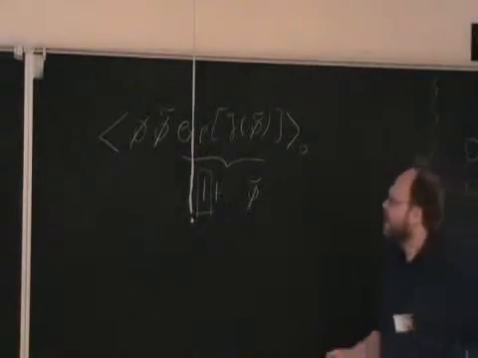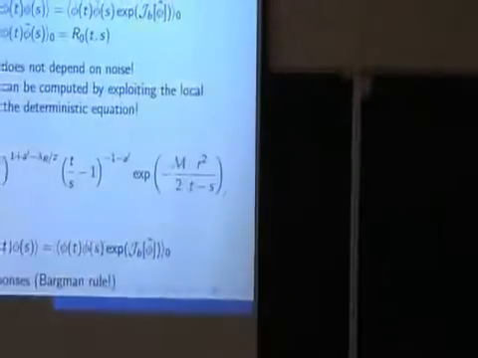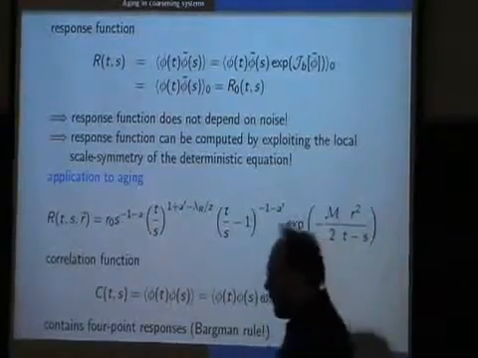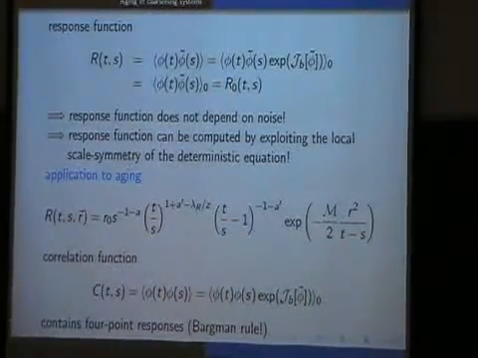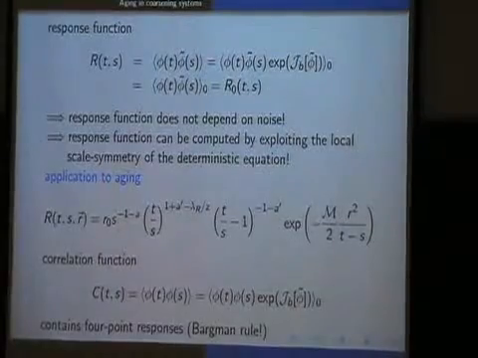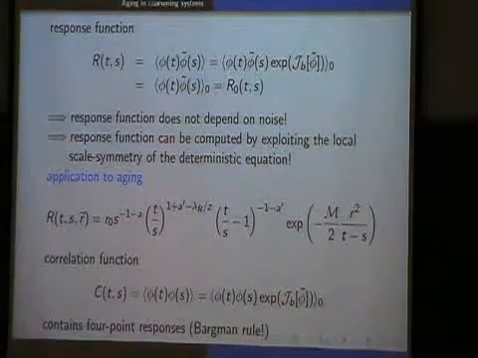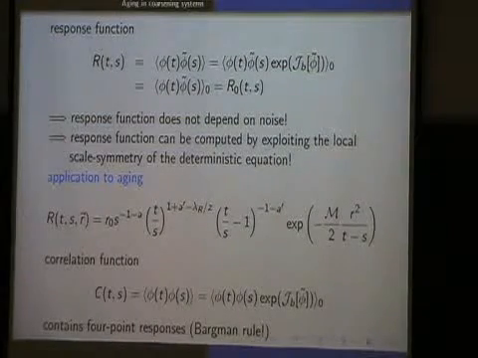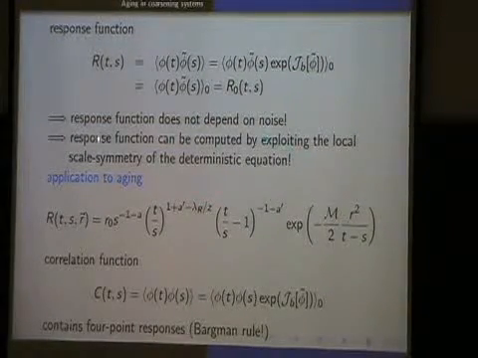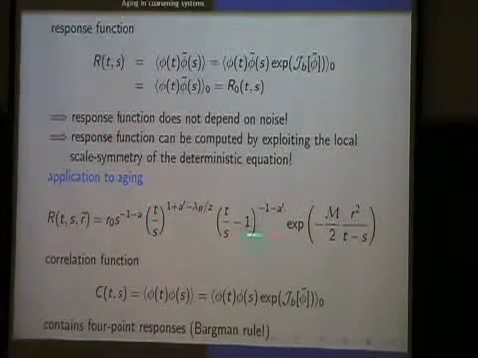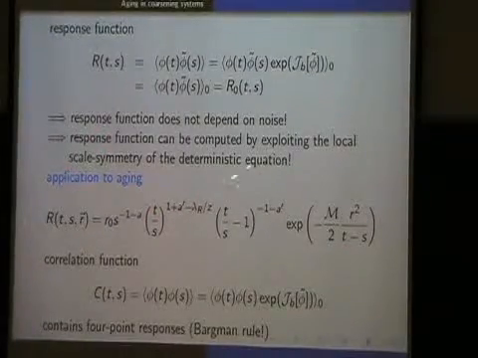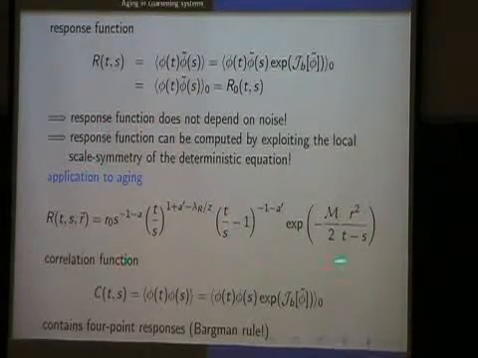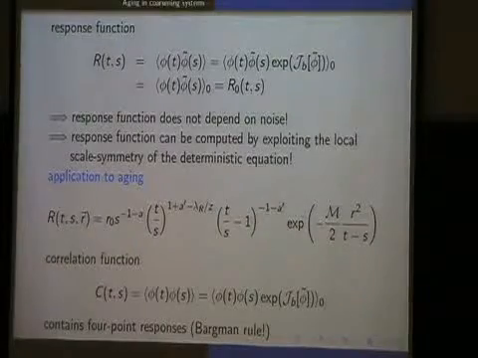Now, this part here is a whole lecture, and I will therefore only give the results. So what we can do is go back to our noiseless deterministic equation. We can exploit the symmetries, the Schrödinger group, and then we can see what we learn for the response function. And what we can show is that when we apply this generator to the response function, we end up with an explicit prediction of how the response function should look.